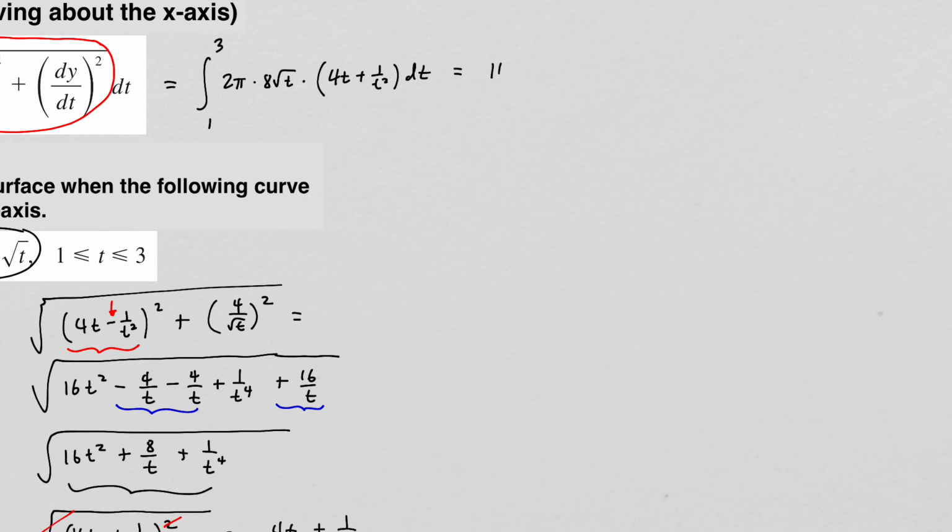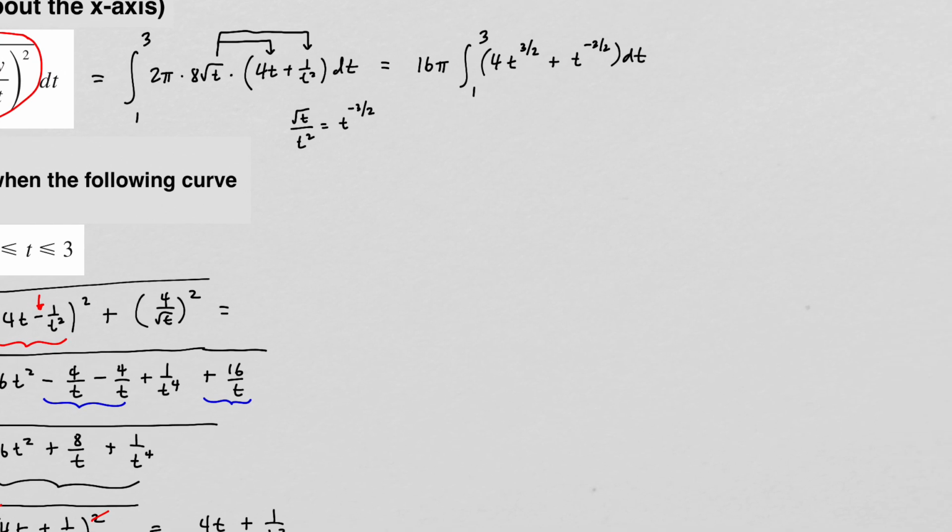So what we have here is 16 pi integral from 1 to 3. And now I'm going to multiply radical t times 4t. That's going to be 4t to the 3/2 power. And then radical t multiplied by 1 over t squared. That's going to be radical t divided by t squared, which simplifies to t to the negative 3/2 dt.